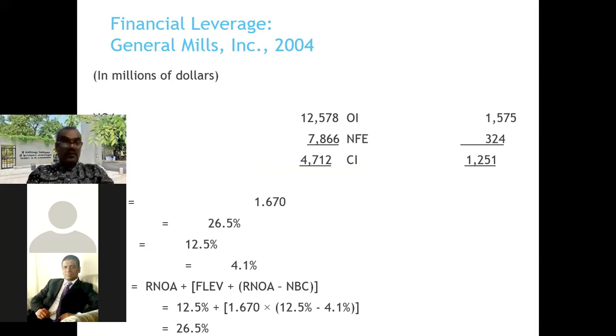Net operating assets, net financial obligation, and all those things are there. Of course, the equity multiplier is a bit high, and operating income is this much, net financial expense is this much, and comprehensive income, that is the net income, is finally 1,251. Financial leverage here is 1.67.